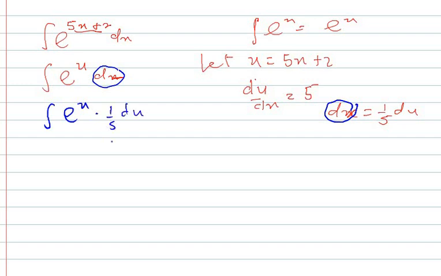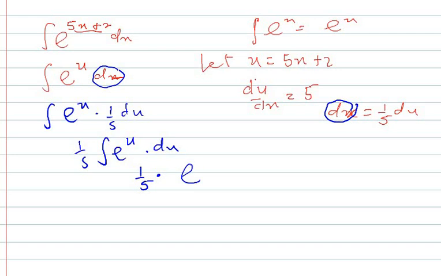So 1 over 5 comes out, then the integral of e to the u du. So 1 over 5 times the integral of e to the u with respect to u is equal to e to the u.